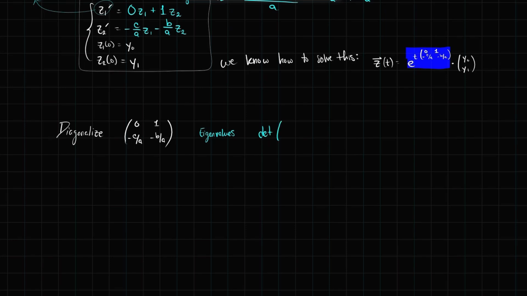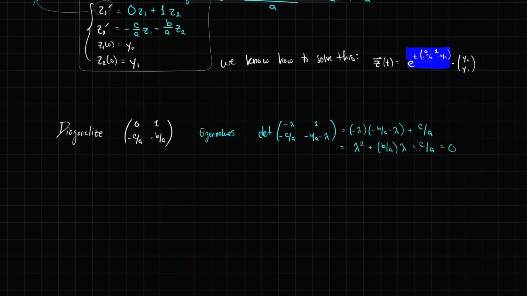And I'm going to use the determinant of 0 minus lambda, 1, negative c over a, and negative b over a minus lambda. That's going to be negative lambda times negative b over a minus lambda. And then I'll be subtracting c over a times 1, also known as adding c over a. If I distribute the negative lambda to both terms, I'll end up with lambda squared plus b over a lambda plus c over a.